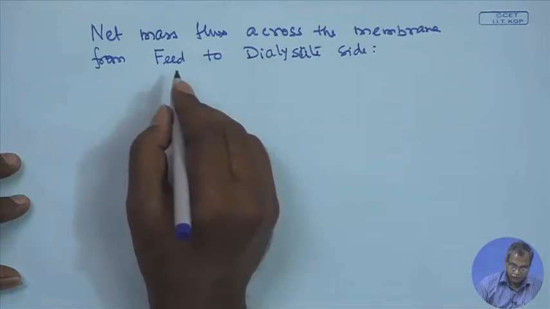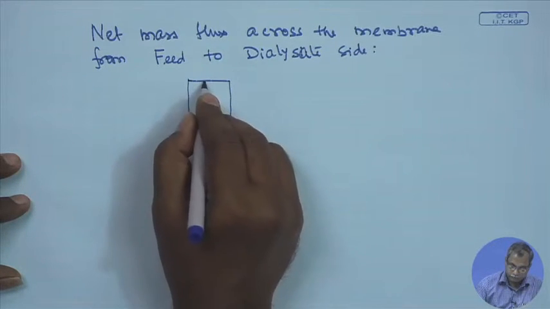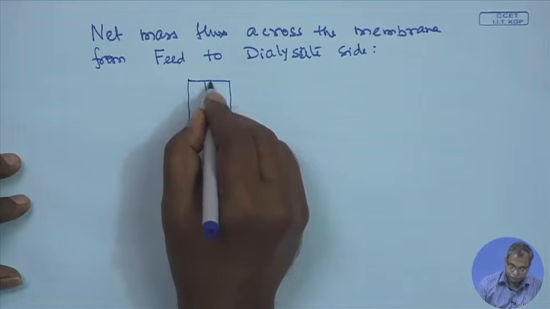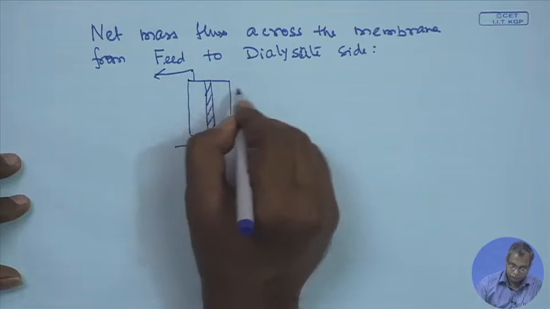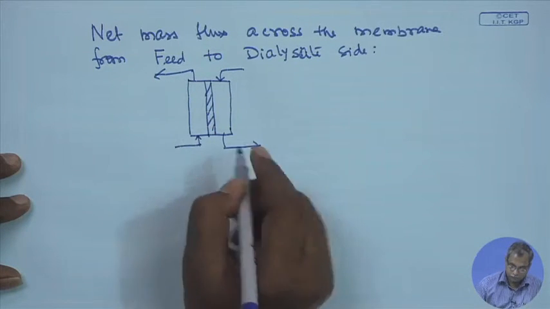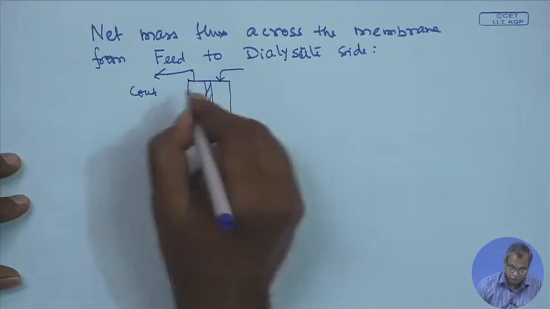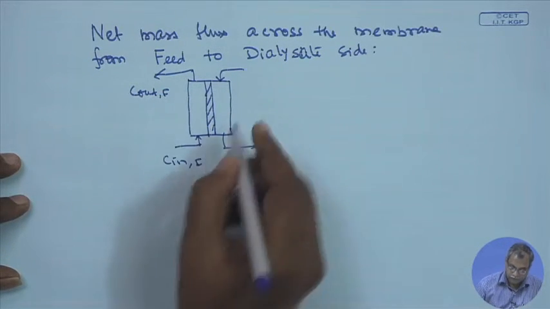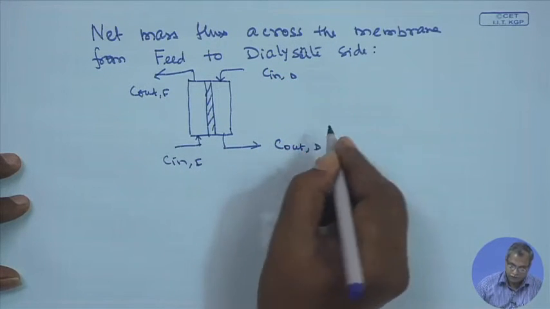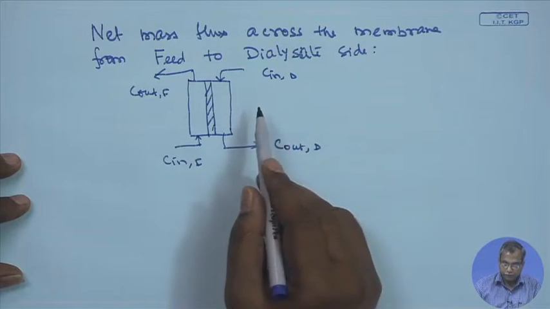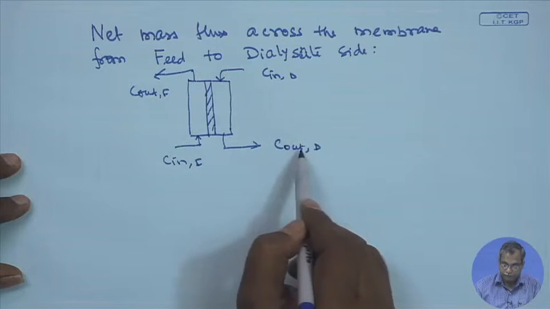That will be giving you a system for a counter current flow. So, C in, C out in the feed, C in dialysate, C out in dialysate. Typically, in the dialysate we will be getting the pure solvent. So, typically C in the dialysate side will be 0, it will be some finite value in C out.